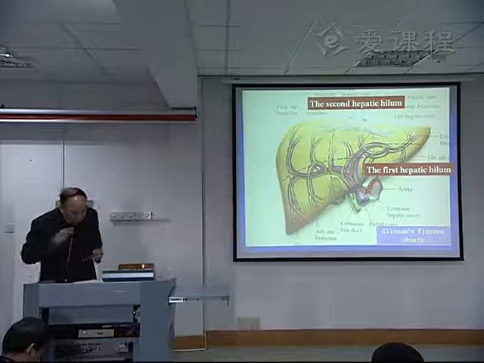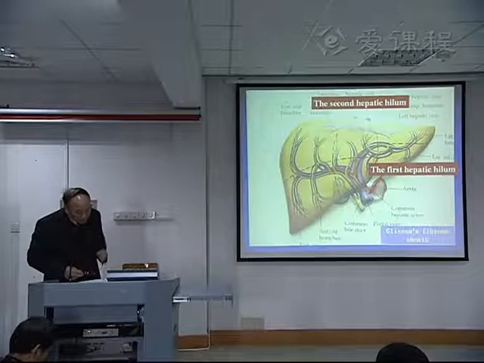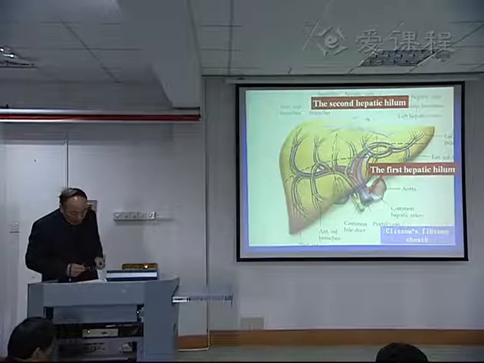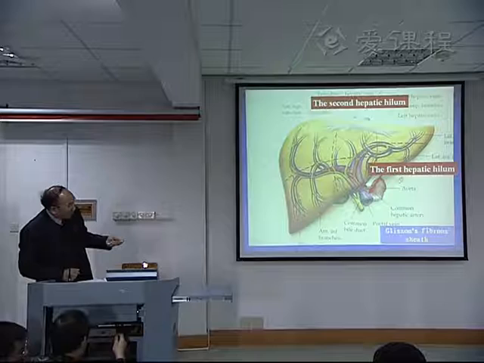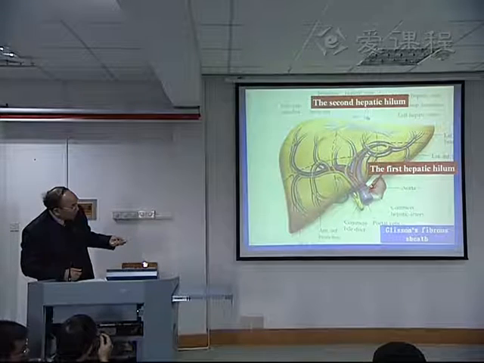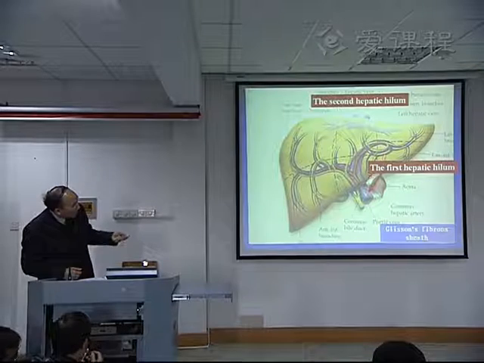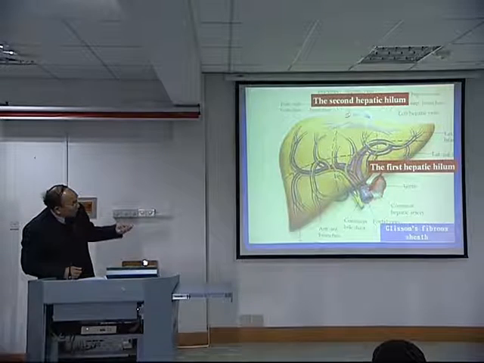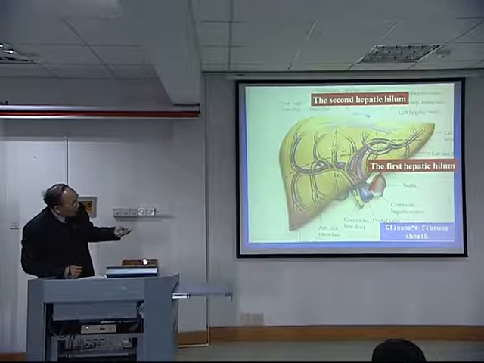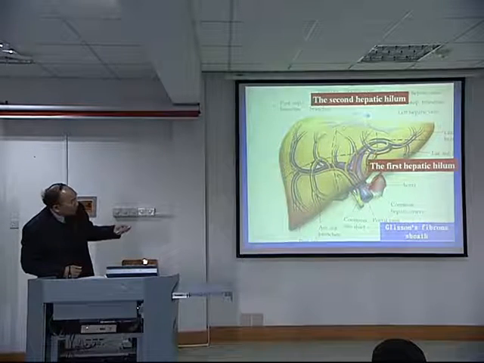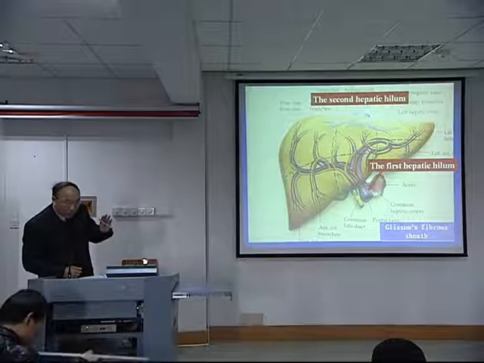Here shows Glisson's fibrous sheath. We can see the first hepatic hilum, including the hepatic artery, portal vein, and common bile duct. Here is the second hepatic hilum, and the third hepatic hilum. So the liver has 3 hepatic hila.